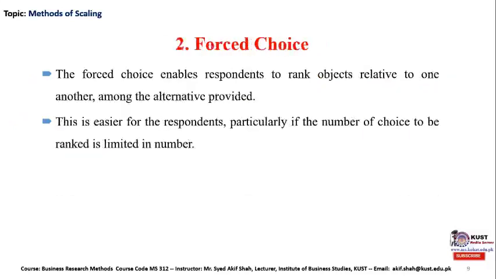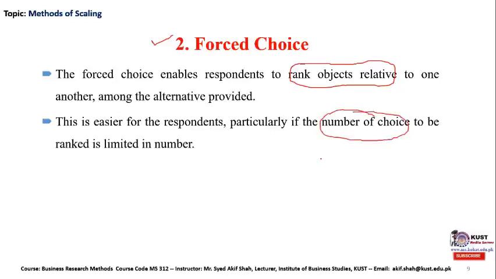We have the second method of ranking scale, known as the forced choice method. The forced choice method enables the respondent to rank the objects relative to one another among the alternatives provided. This is easier for the respondent, particularly if the number of choices to be ranked is limited.